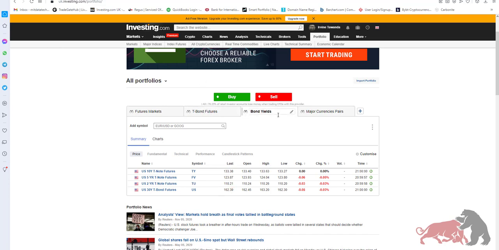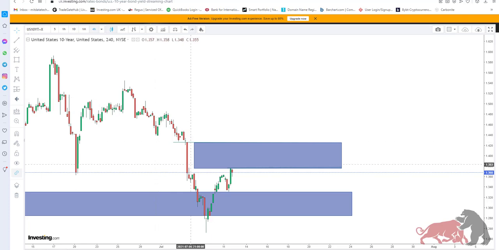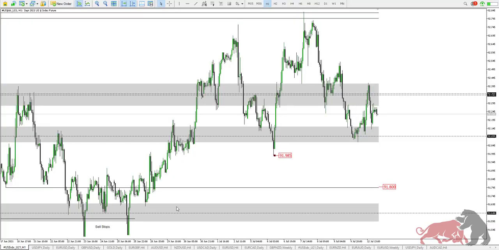Then we also have the bond yields. They did erase some of the losses from last week, and some are already talking of yields recovering some ground ahead of next week's auctions. I think the Fed is going to auction some of the yield markets. So that's pretty much about it for this week.